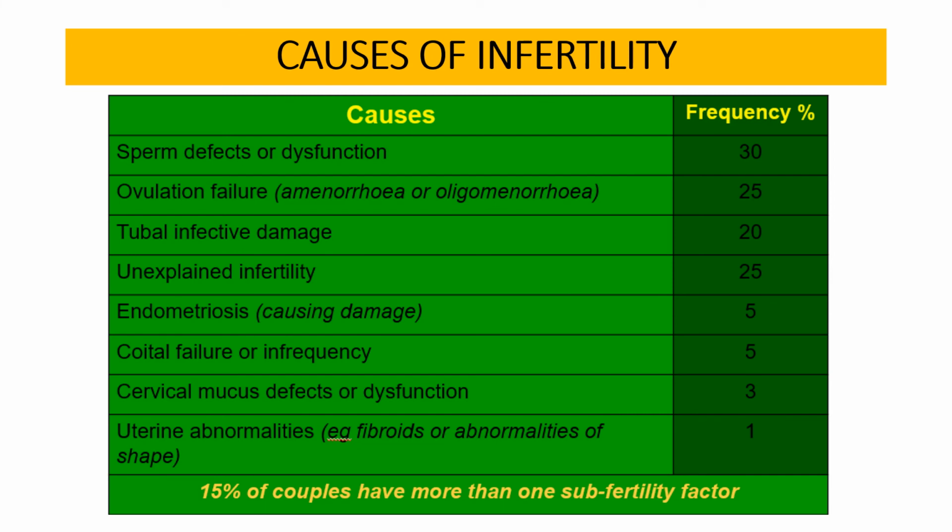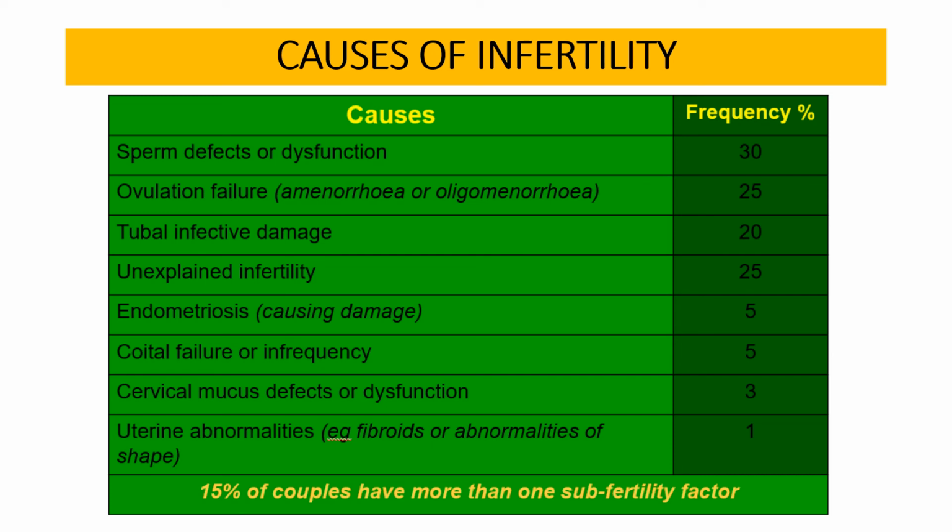Now there are various causes of infertility. Causes can be sperm defect or dysfunction, with a frequency of about 30%. There can be ovulation failure, tubal damage, endometriosis, cervical mucus defect, uterine abnormalities, and there can be unexplained infertility also.